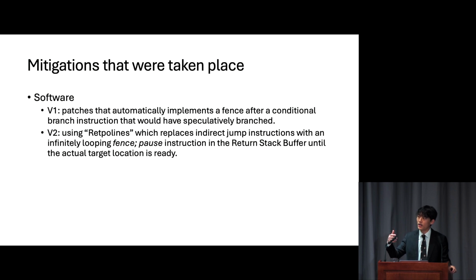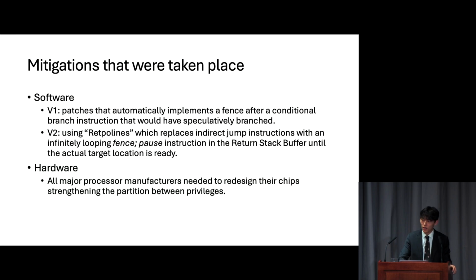This loop basically utilizes the fact that the return stack buffer is a lot easier to manipulate with firmware compared to a branch target buffer, and so it's a very clever answer to a difficult problem.